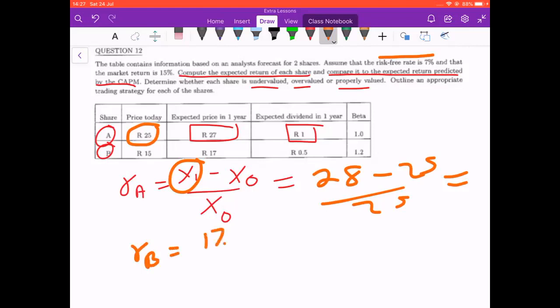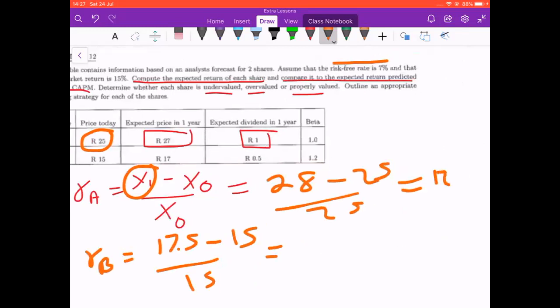For B, you're going to have 17.5 minus 15 over 15. For A, 28 minus 25 over 25, so the rate of return is going to be 12%.